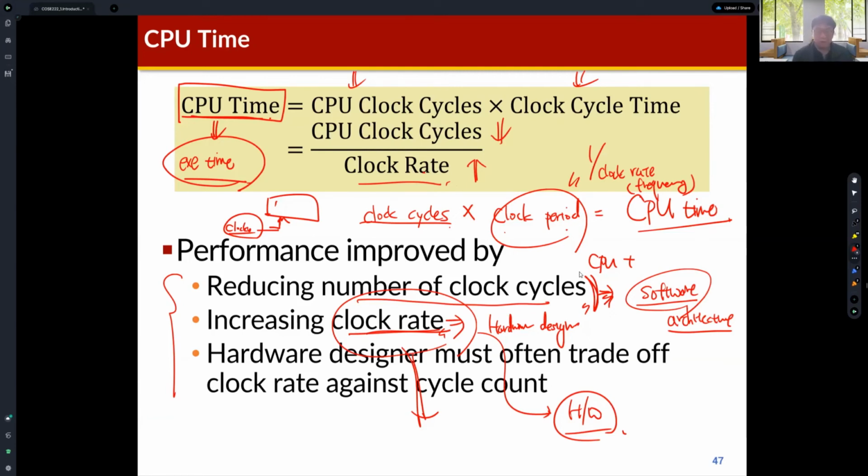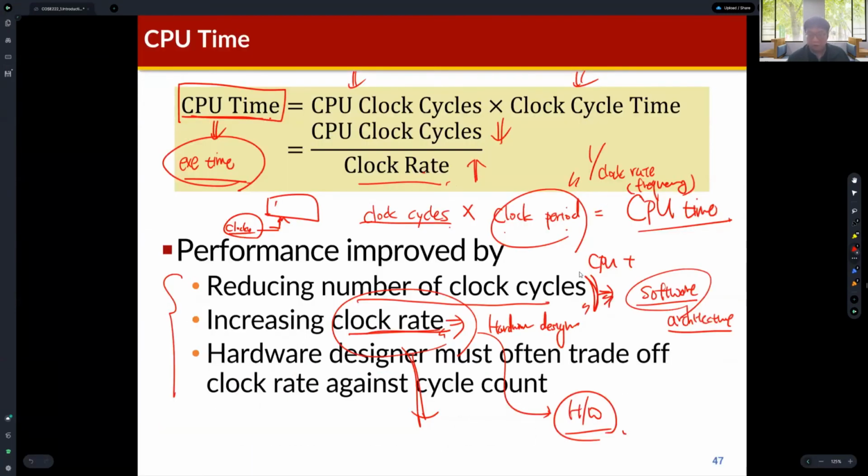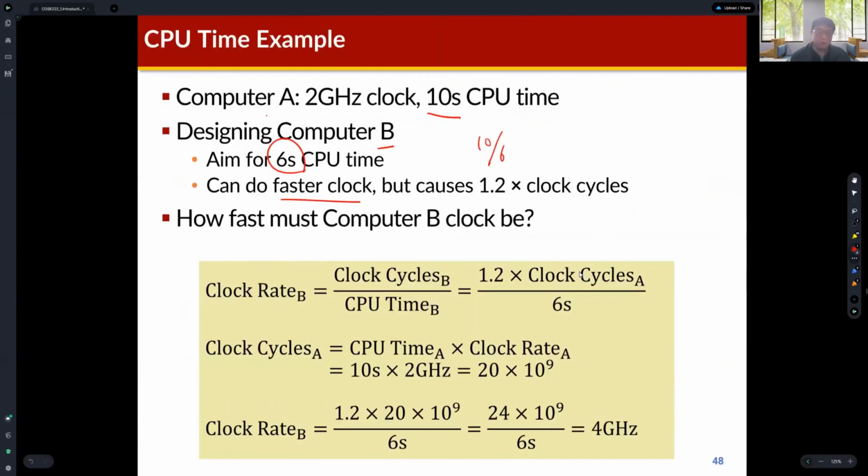Actually, these factors are also influenced by software and hardware, because architecture techniques influence both the number of clock cycles and clock rate. So if we use the faster clock, then the clock cycles can be increased. This is 1.2 times.